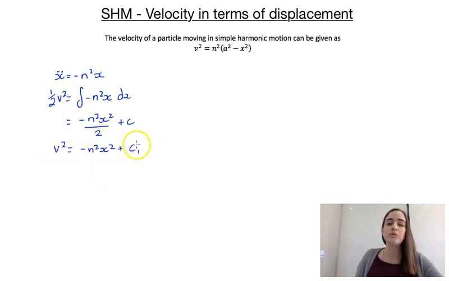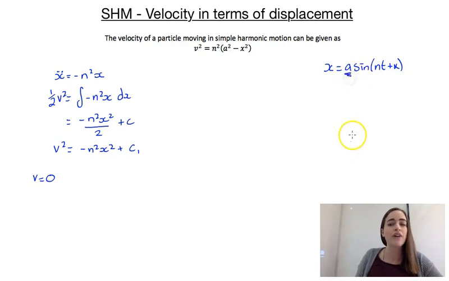And then once we've got there, we need to figure out what that constant is. If something's moving in simple harmonic motion, then we know that velocity will be equal to 0 when it's at its maximum displacement. So remember that we usually write simple harmonic motion as x equals a sine nt plus alpha, or we could have cos instead.